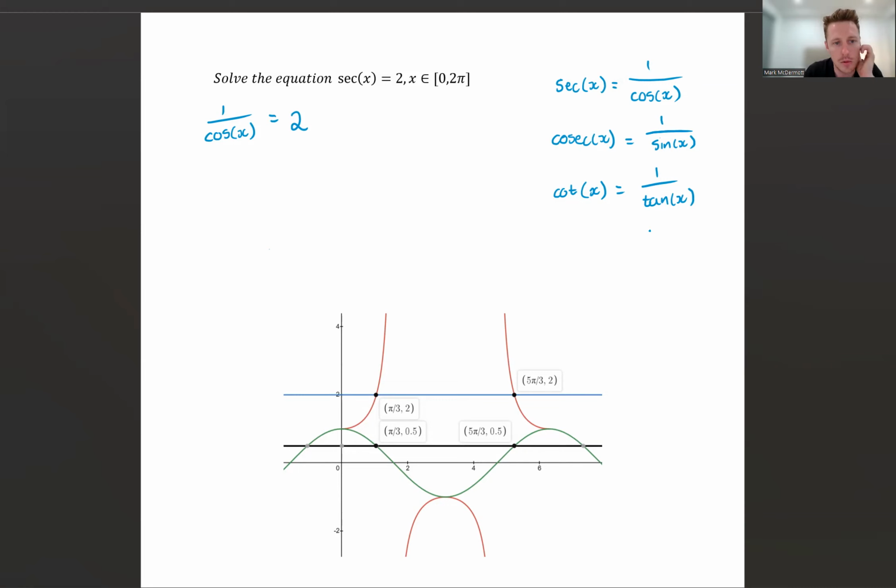I'll do this in 2 steps just so it's super clear. If I multiply both sides by cosine of x, I get 1 equals 2 cosine x. Then if I divide both sides by 2, I get cosine of x equals 1/2. Now, that's actually something we hopefully know how to solve.